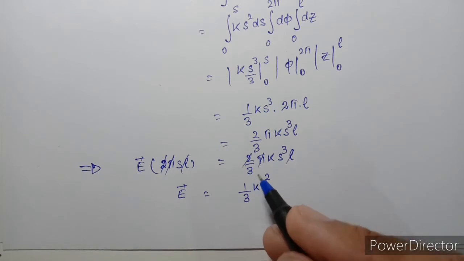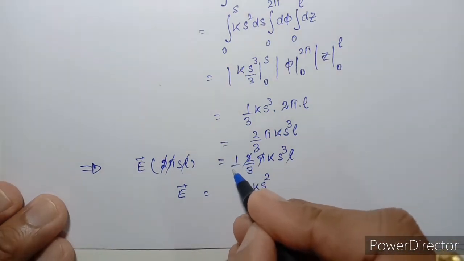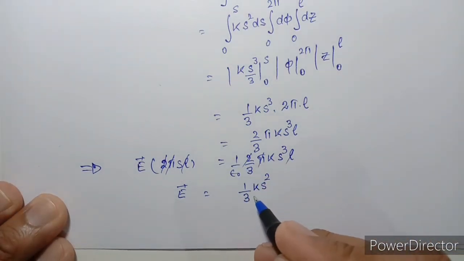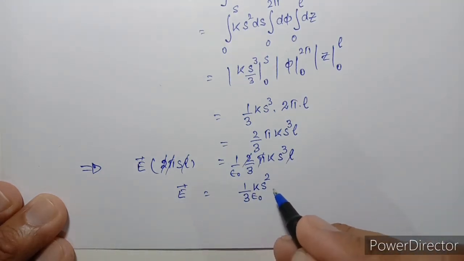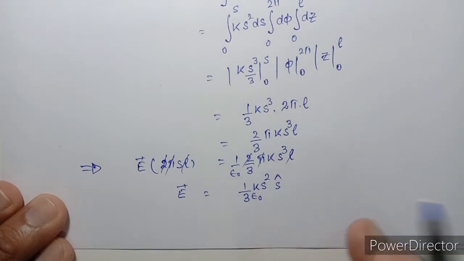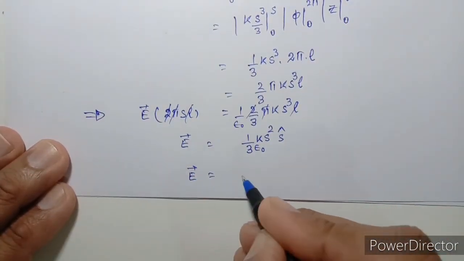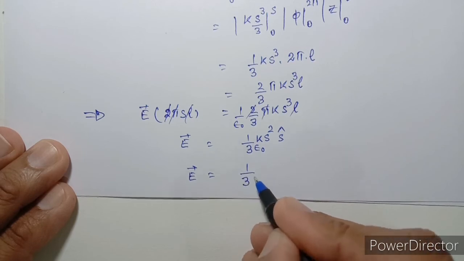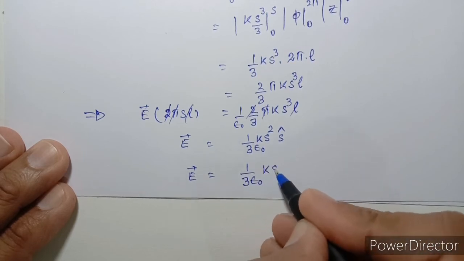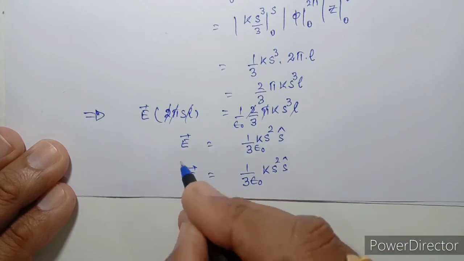Also we have the 1 over epsilon naught here, so we can write 1 over 3 epsilon naught ks^2. Because this is a vector quantity, we write s cap also. So finally the electric field is equal to 1 over 3 epsilon naught ks^2 s cap.